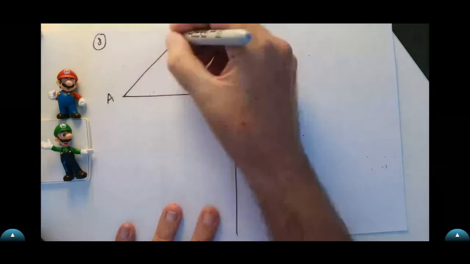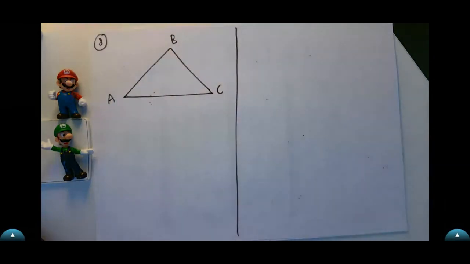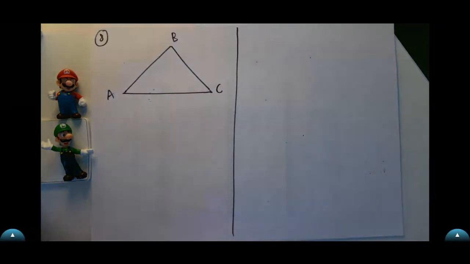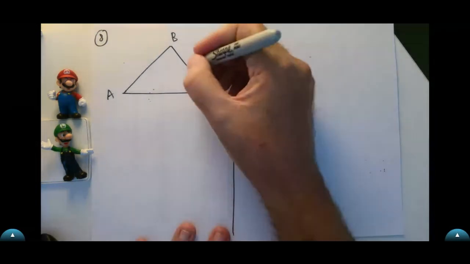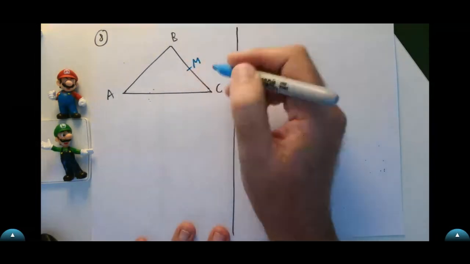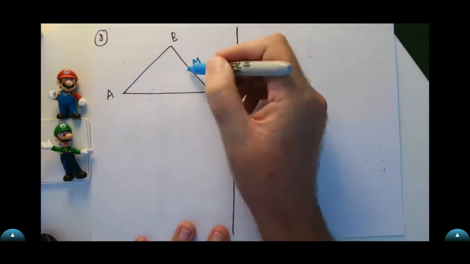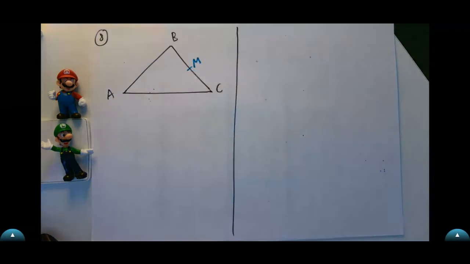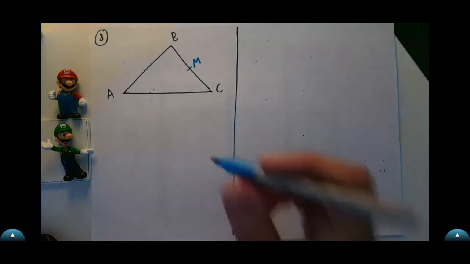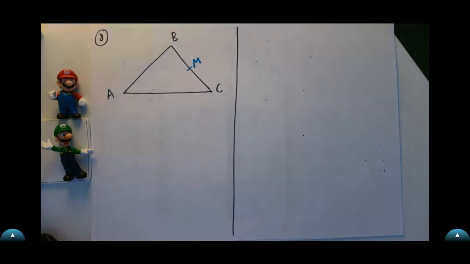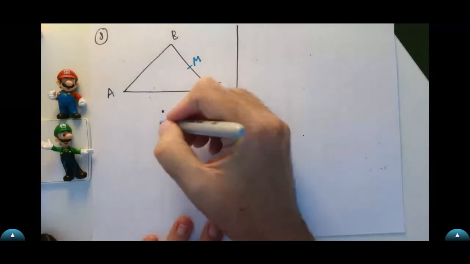Now it turns out that this triangle is a right-angled triangle, okay? But you don't know that when you start the question. So I'm just going to draw it like this. And what you want for the first part is the coordinates for this point here. So how can you do that? Well, let's say this is the origin.